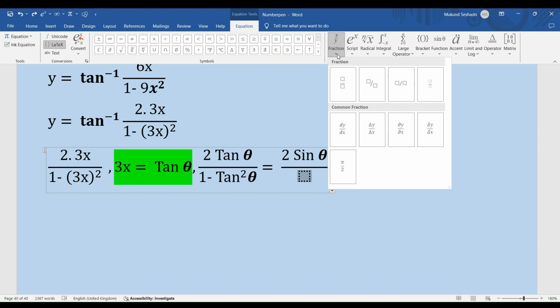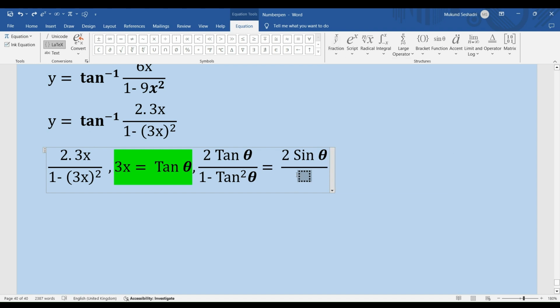So all I'm doing is writing this entire expression in the form of sine and cos, and therefore I have my cos theta in the bottom, and then I have my 1 minus tan square theta. Again, tan square theta is nothing but sine square theta divided by cos square theta. So what do I get? I get cos square theta minus sine square theta, right?